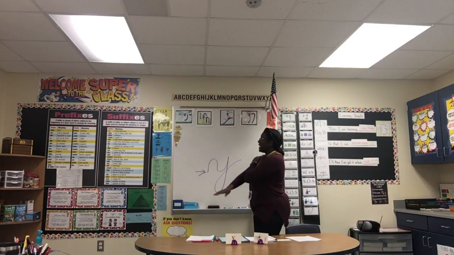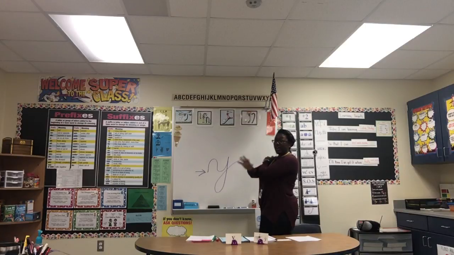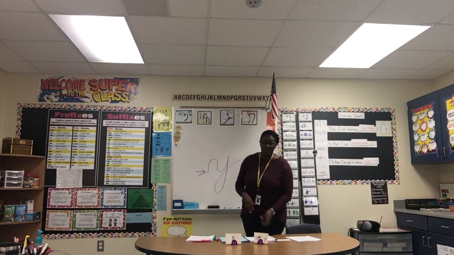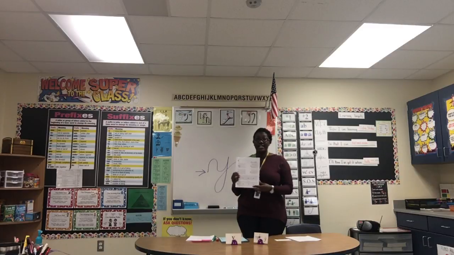So you would stand and hold the arm that you write with and you would say Y, Y, Y. Do that 3 times to help you get it in your memory muscle. Then you need to trace and then write your letter Y's.